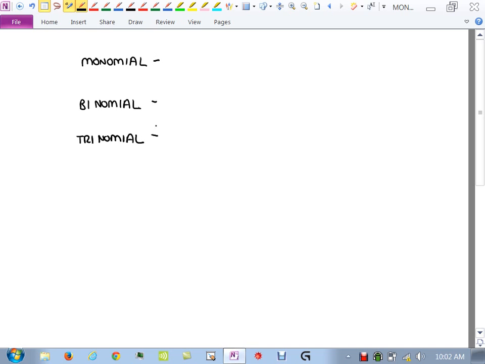Three different definitions. A monomial, mono meaning one, is a single term. As an example, if I just wrote 4x squared y, that is a single term, isn't it? And therefore it's called a monomial, one thing. A binomial, bi meaning two, of course means two terms.